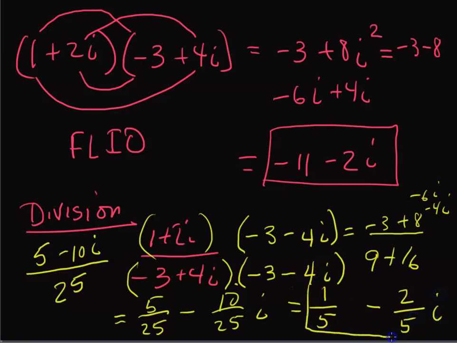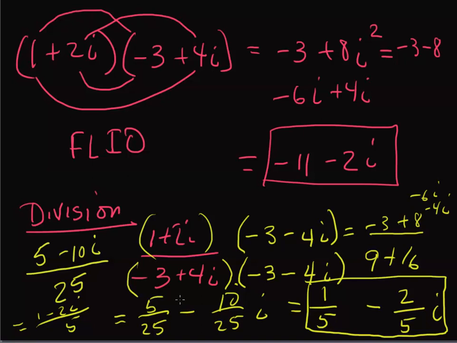So this is one way of writing that. You could just make sure you divide everybody by 5. You have to do it for everybody. 1 minus 2i over 5. Same thing. So, add, subtract, multiply, and divide.